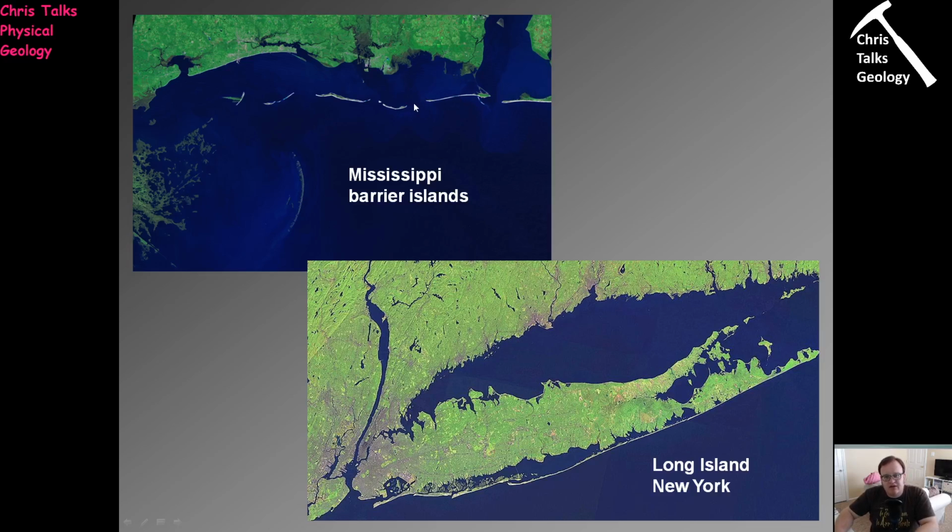You'll notice though there are very, very large gaps between the islands. So this lagoon has quite a lot of communication with the Gulf of Mexico. So the water in here is obviously going to be very salty, because you're going to have lots of salt water coming in from the Gulf of Mexico into the lagoon, creating quite salty conditions.